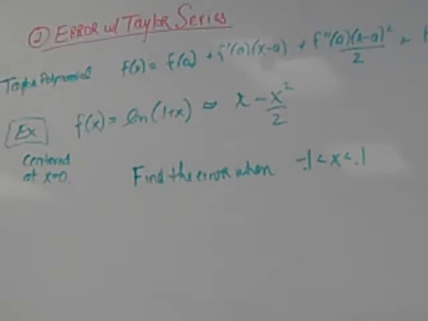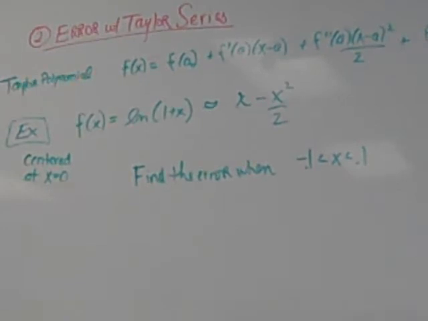Now, natural log of x, I don't remember actually. Does that converge? No, that only converges from x equals negative 1 to 1. So they want to know what's the error when we're only at x equals 0.1 and negative 0.1. But I've only given 2 terms. So the error could still be small, but I'm going to have some error. Do you get the big concept that the more terms of the series, the smaller error I'm going to have?